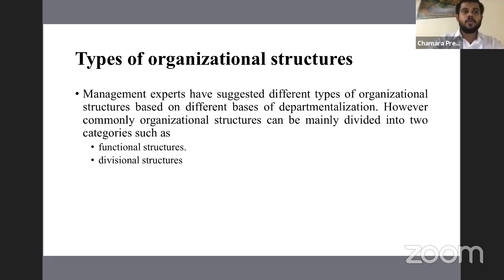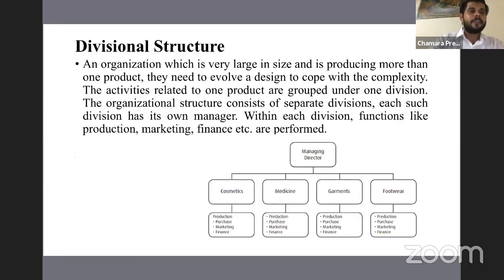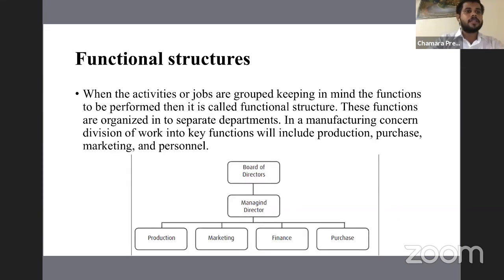Basically, there are two types that we can understand and identify in management and business organizations, that is functional and divisional. Okay, so functional. Functional means, you know what functions are now, right?